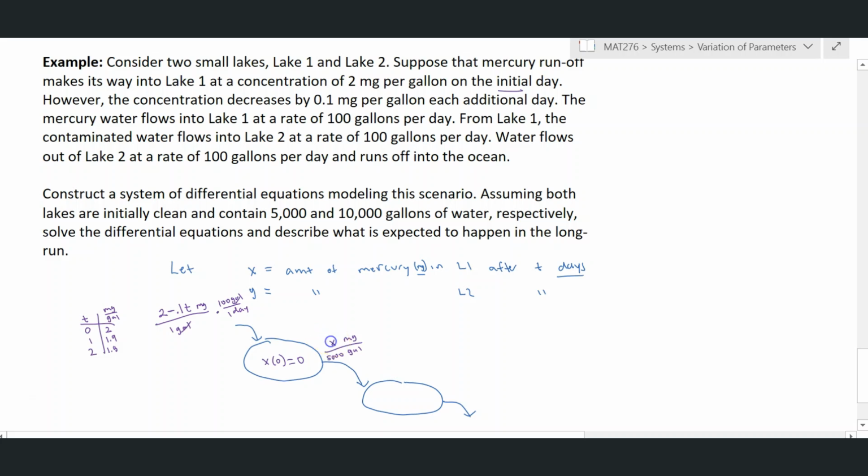That's going to be a variable amount. So there are X milligrams distributed into the 5,000 gallons because we assume it's always well mixed. And then we have 100 gallons per 1 day coming out. Similarly here, this will just be Y milligrams per 10,000 gallons multiplied by 100 gallons per day.